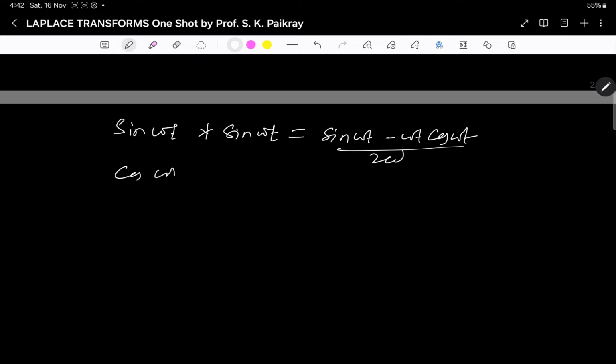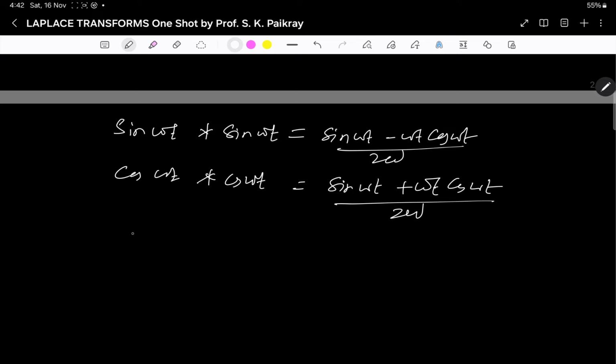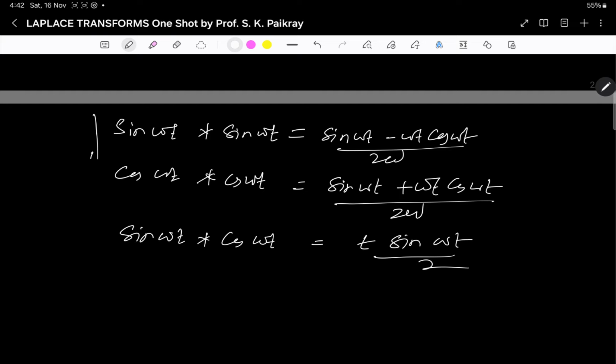Then cos ωt convolution cos ωt is (sin ωt + ωt cos ωt) divided by 2ω. Then sin ωt convolution cos ωt is t sin ωt divided by 2. So let me tell you how this formula will help you.